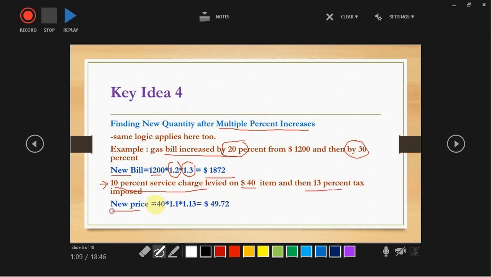So the new price will be $40 multiplied by 1.1 for the 10% service charge and by 1.13 for the 13% tax. So the final price will be $49.72. This can be extended to any number of percent increases.